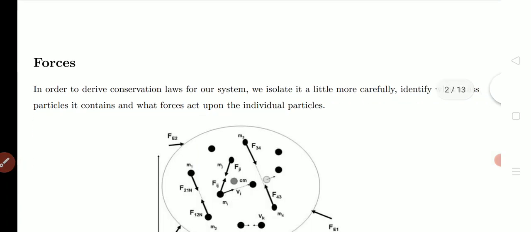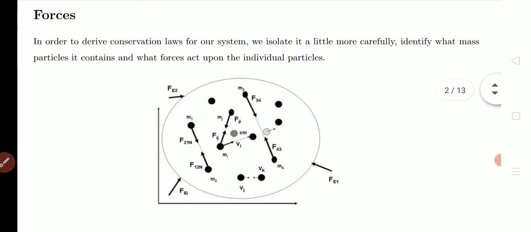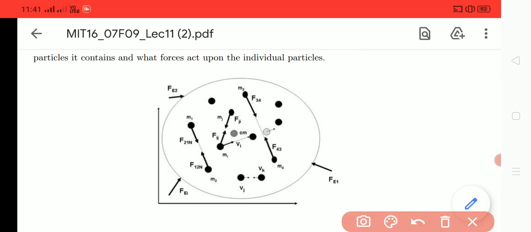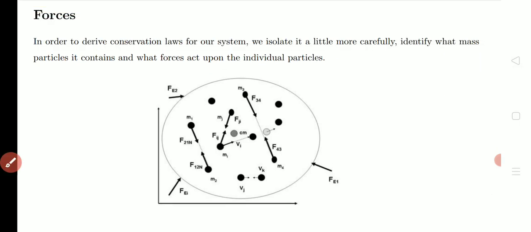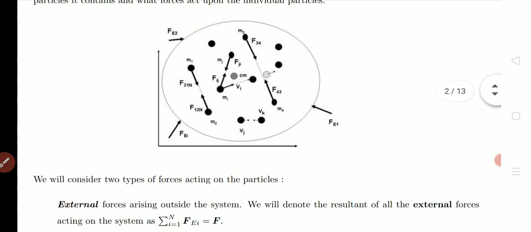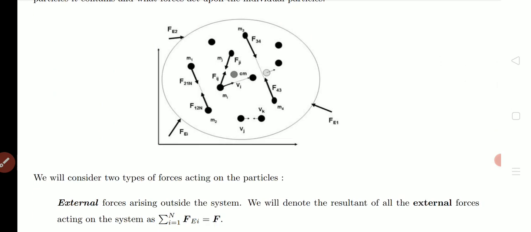Now, forces. In order to derive conservation laws for our system, we isolate it a little more carefully, identify what mass particles it contains and what forces act upon the individual particles. We will consider two types of forces acting on the particles.